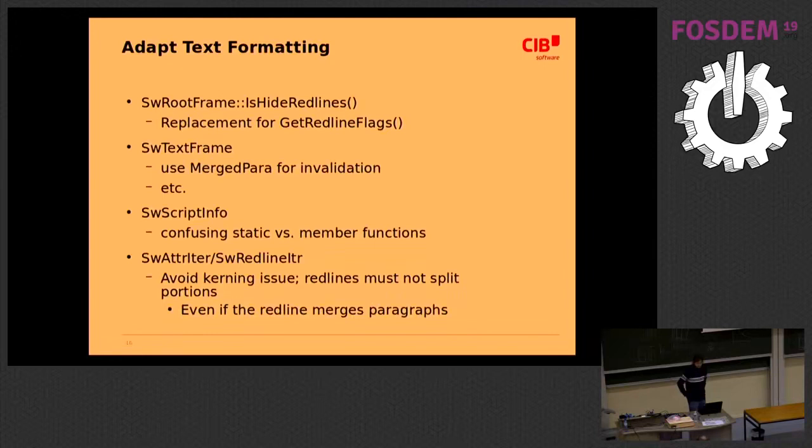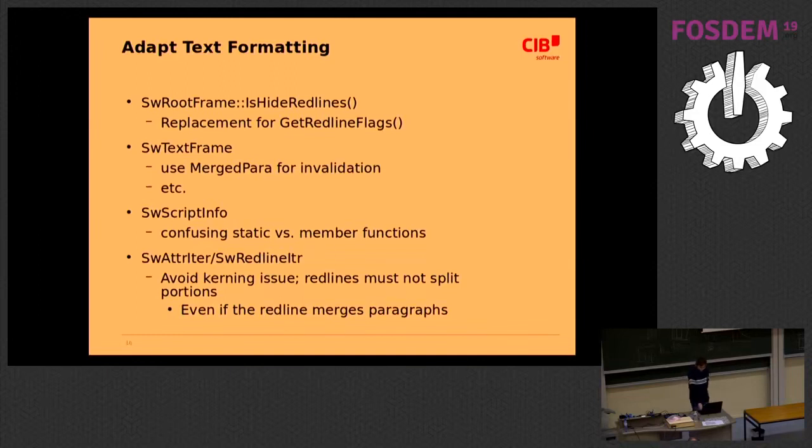This has to be done in such a way that it doesn't stop at track change boundaries, but merges the text before and after it if it has the same formatting into one portion. Otherwise, you get kerning problems.